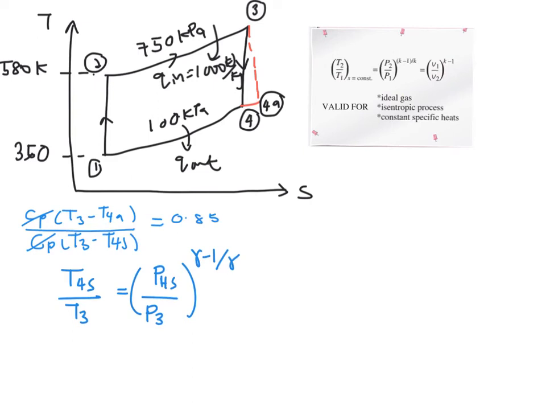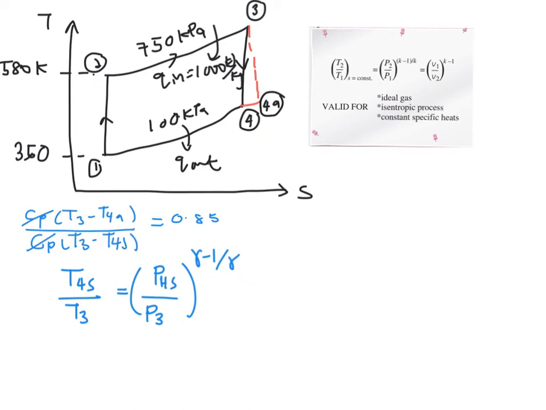So when you want to make use of this relation, make sure that you are using the given values. In this case, we already know the pressure on both constant pressure lines, and make sure you always put the unknown value to the left and to the top of your equation in here.